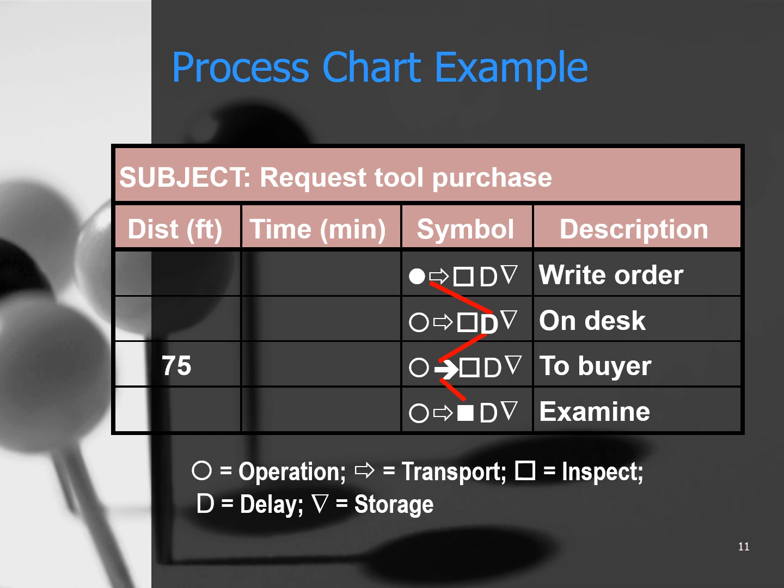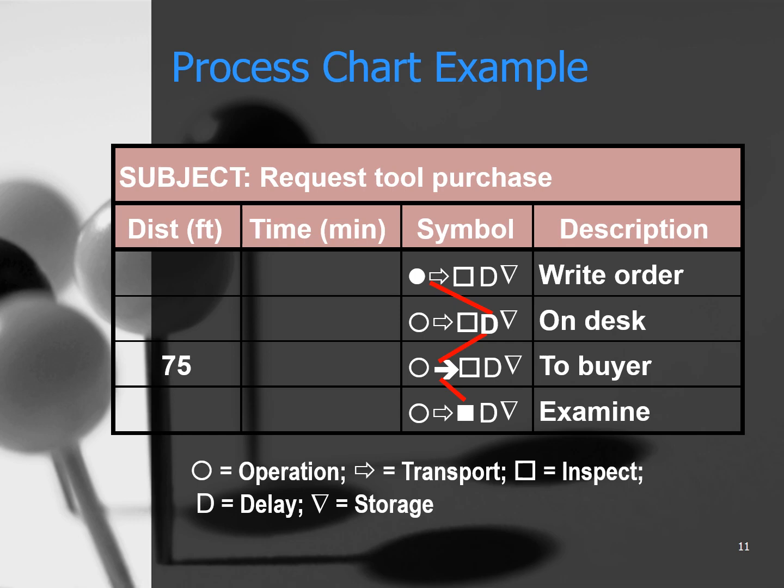The operation symbol is represented by a circle. Transportation, a right arrow. Inspection, a square. Delay, a semicircle. Storage is an upside-down triangle. Okay, if you look at the third description, it's "to buyer."